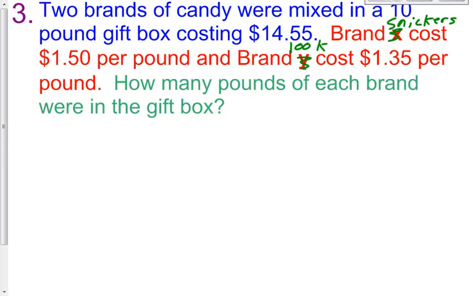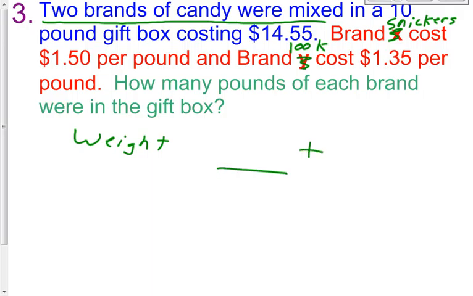So if we look at this one, our first equation: 2 brands of candy were mixed in a 10-pound gift box. So one of our equations is just going to be the weight of our candy. We have Snickers plus 100 Grand equals a total of 10 pounds.